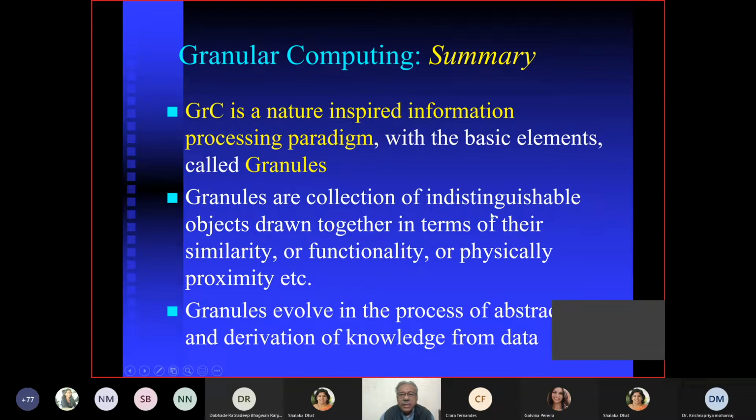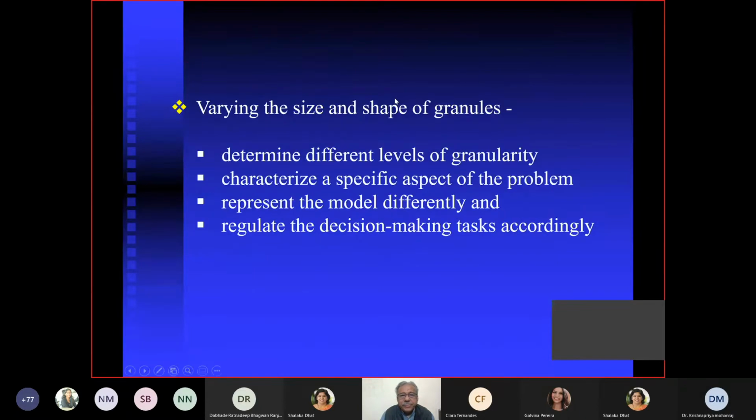Granules are collections of indistinguishable objects which may be drawn together in terms of some characteristics or properties like similarity, functionality, physical proximity, etc. And more importantly, the granules evolve in the process of abstraction and derivation of knowledge from data. So granules could be adaptive, granules could be changing also. Not necessarily fixed. So these are 3 key points to define granular computing.